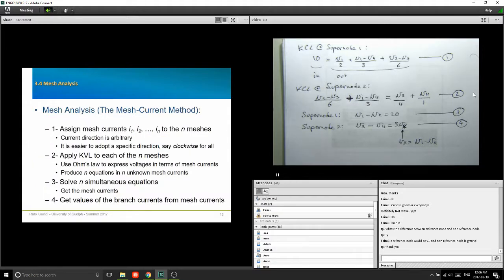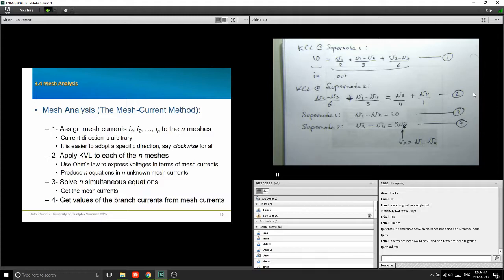Mesh analysis, or we call it the mesh current method. You're going to apply these 4 steps. This is how you're going to apply the method. Number 1, you assign mesh currents to the n meshes. Okay, so you have n meshes.